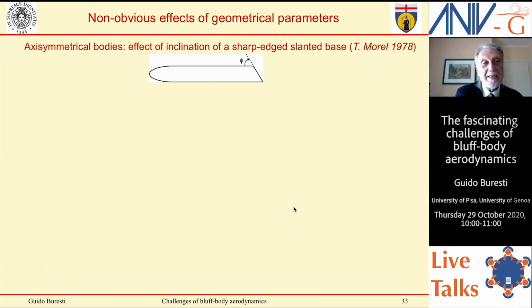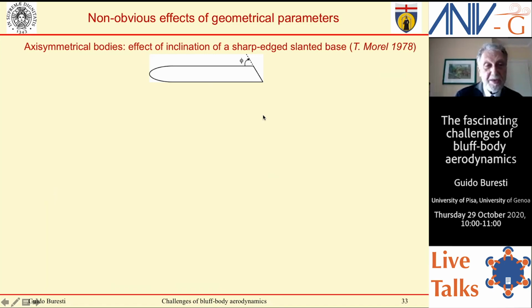Imagine an axisymmetrical body with a circular cross section, and which had a slanted base, sharp-edged, at different angles. It changed this angle from very low values, say 20 degrees, to 90 degrees in 2 wind tunnels. And this is what it got.